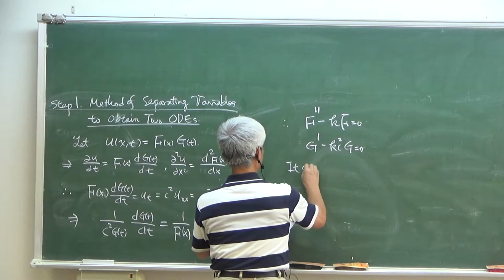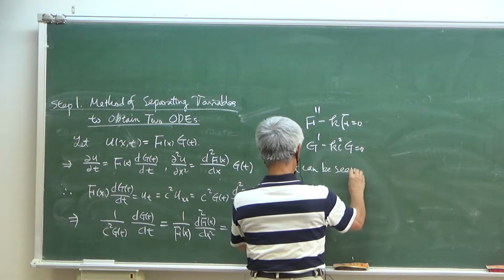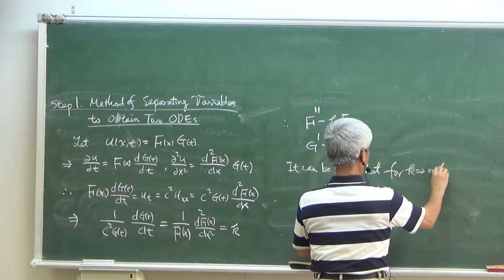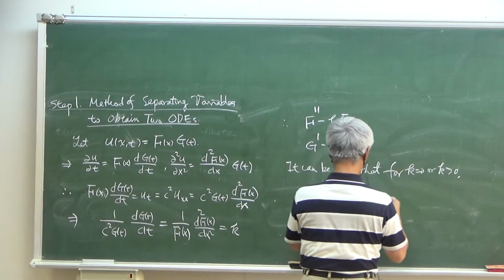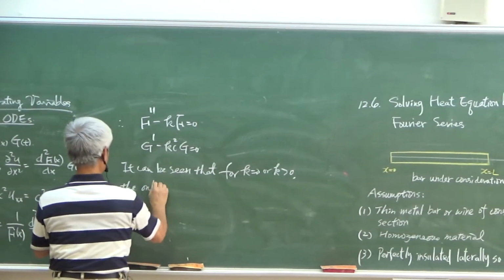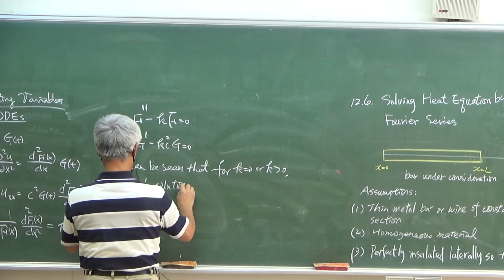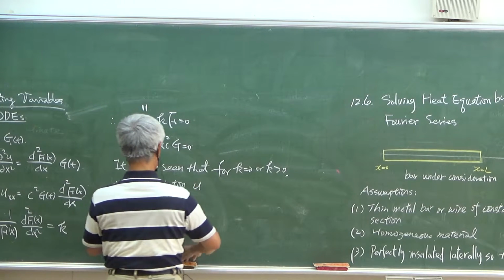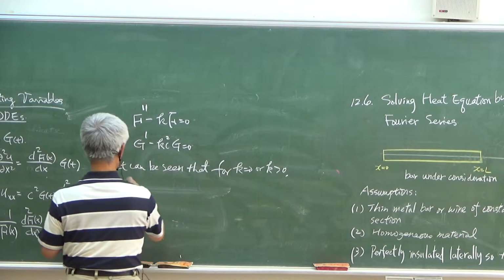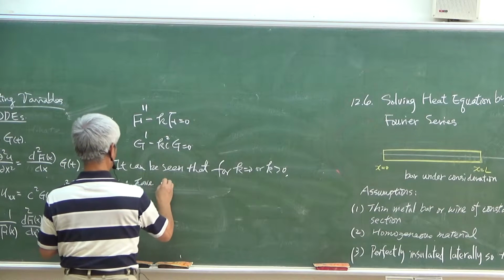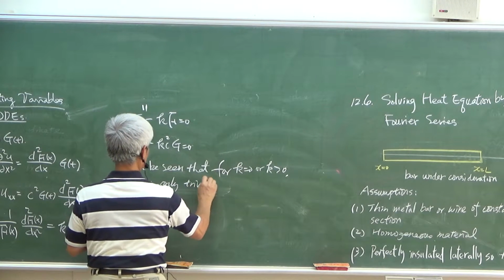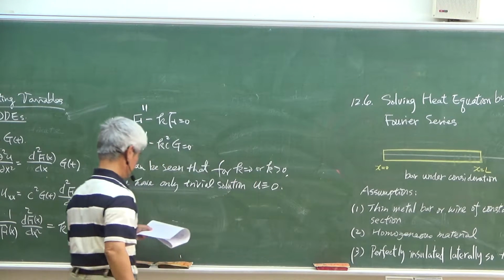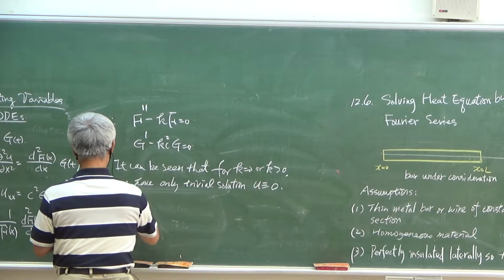Okay, so it can be seen that for k equal to 0 or k greater than 0, we have only the trivial solution, equal to 0. Okay?